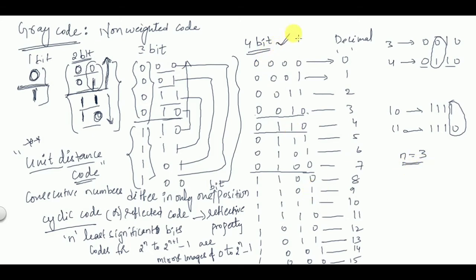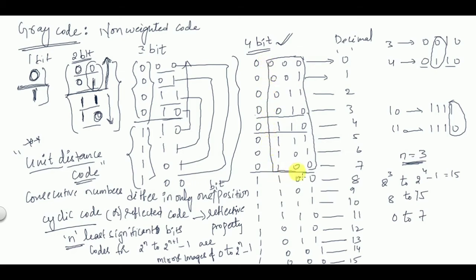I'm talking about 4-bit gray code. For n equal to 3, the codes for 2 power 3, that is 8, to 2 power 4 minus 1, that is 16 minus 1, which is 15, are mirror images of 0 to 2 power n minus 1, which is 7.